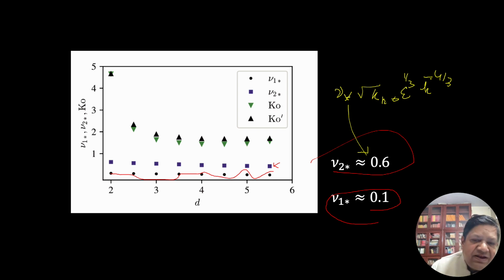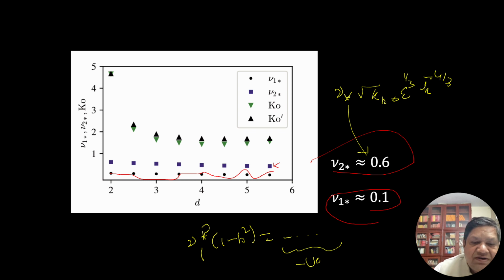Now, interestingly, this goes up to 5.5. At 6, the equation for nu1 squared, we have an equation for nu1 squared like this: 1 minus b squared, right hand side and so on. It turns out the right hand side is negative. So what does it mean?